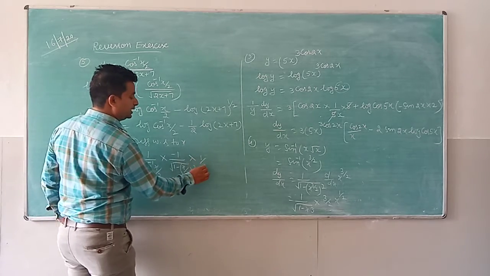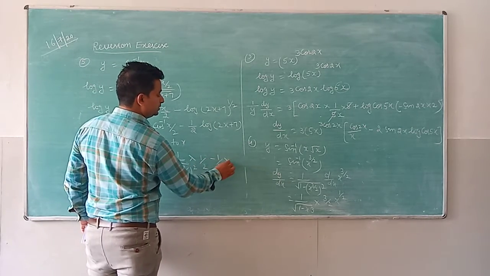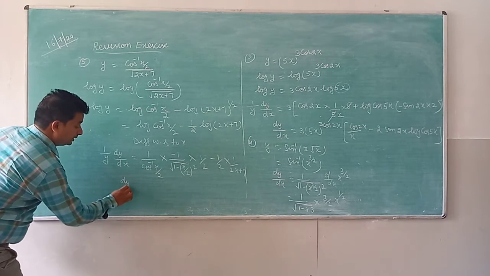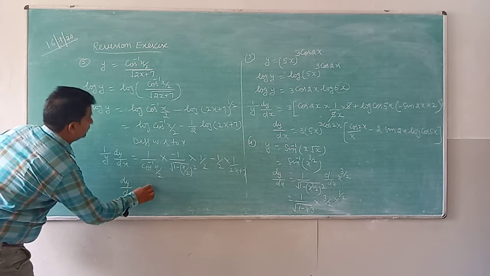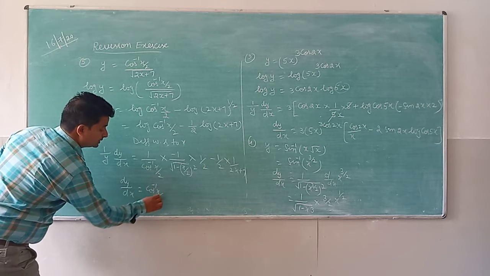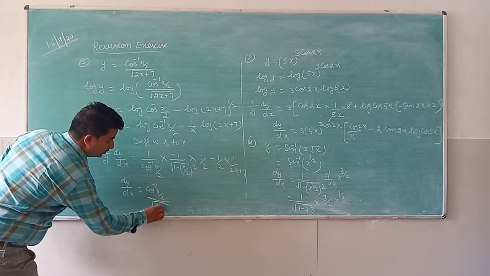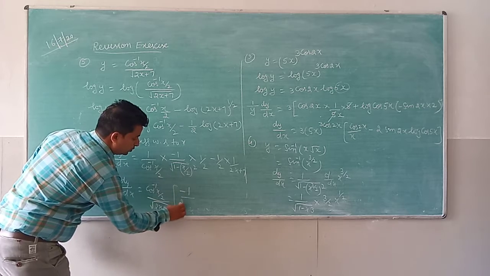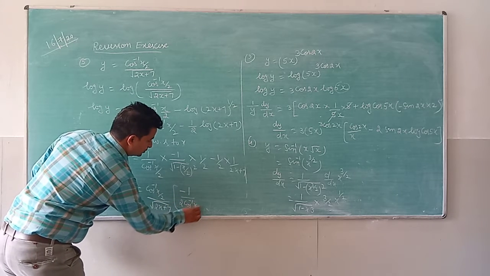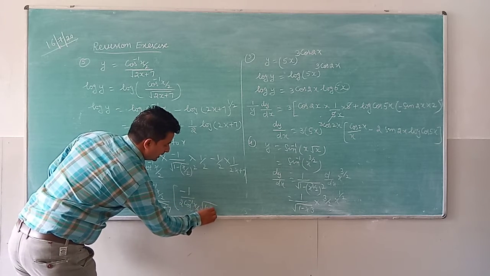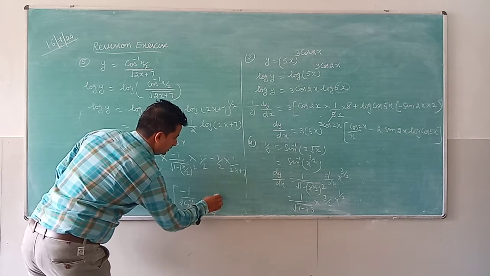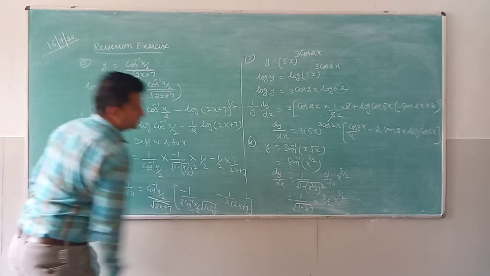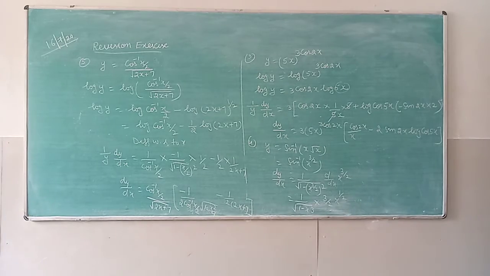Differentiation of the angle is half. So this is 2x + 7. When we multiply by y, the value of y is cos inverse x/2 over root 2x + 7. Here this is minus 1/2 over cos inverse x/2 times root of 1 − x²/4, minus 1/2 times 1/(2x + 7). This is the differentiation of this question.